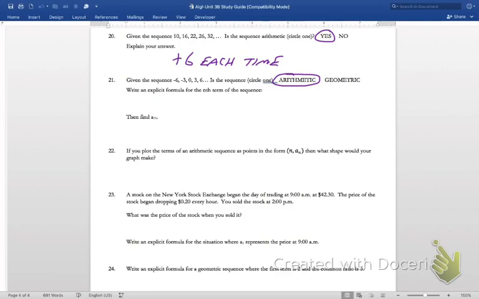The formula is a sub n is equal to the starting number, negative 6, we're adding 3 every time, times n minus 1. If we want to find the 75th term, a of 75 is going to be negative 6 plus 3 times 75 minus 1. And I believe we're going to get an answer of 216 for that.